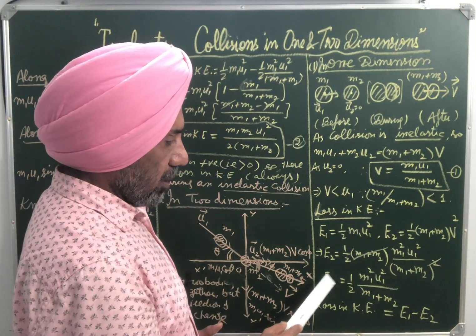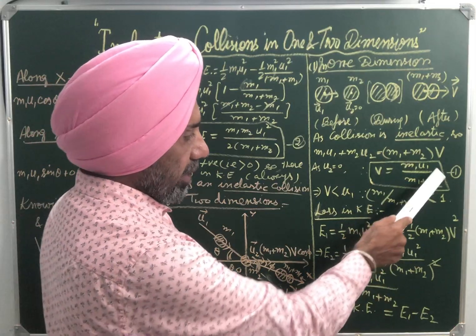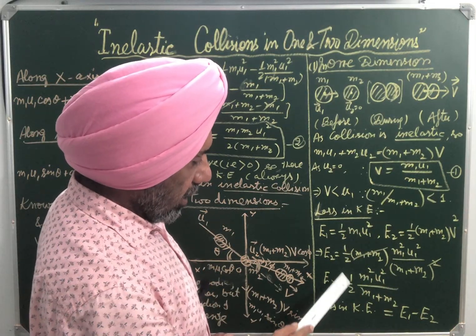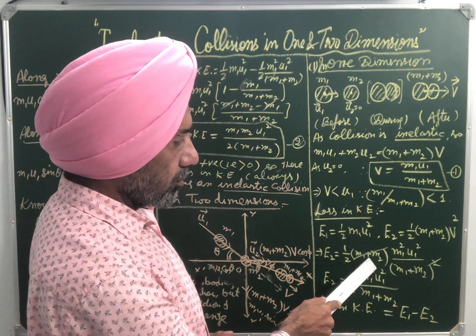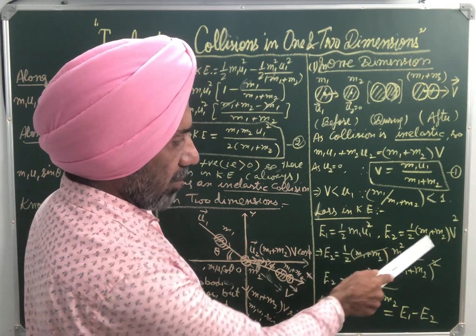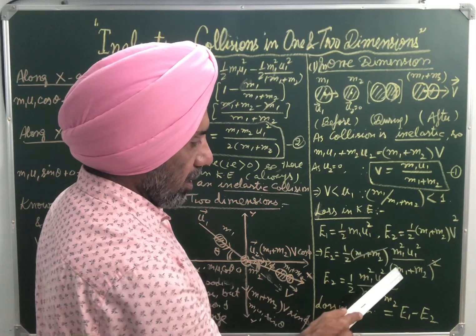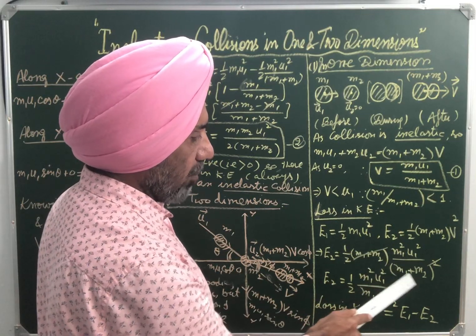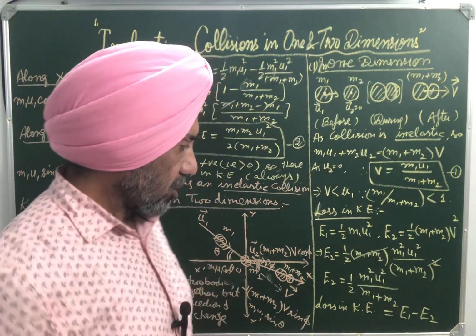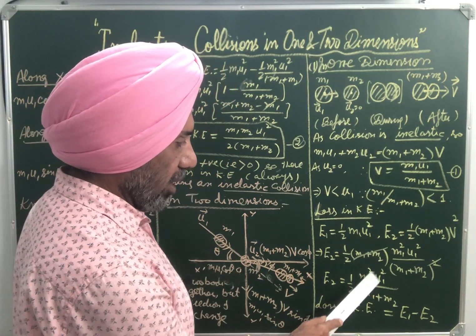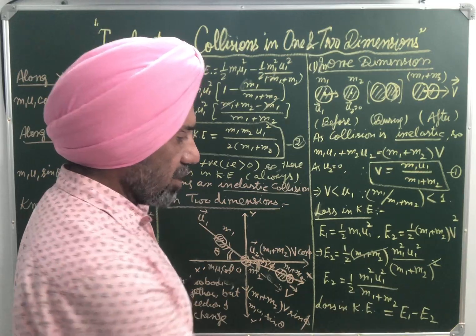So therefore, using this value of v, E2 is equal to half m1 plus m2 into m1 square u1 square upon m1 plus m2 whole square. So m1 plus m2 cancels. So we have E2 is equal to half m1 square u1 square upon m1 plus m2.